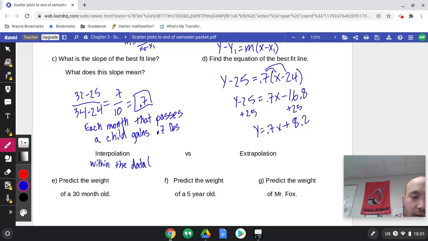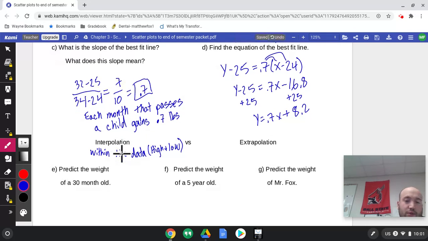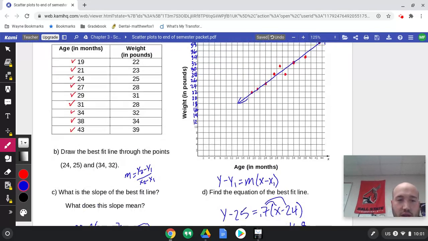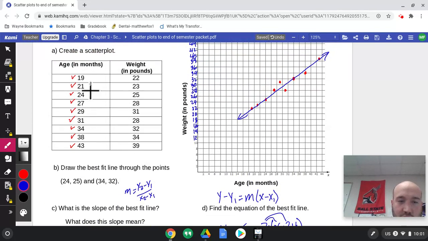So what I mean by that, right here, this first one says predict the weight of a 30-month-old. This will be interpolation. So if we look up here, 30 months is between the low of 19 and the high of 43. So 30 would fall right here.